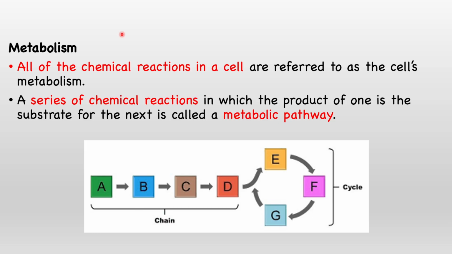It's a series of reactions. As we can see here, for example, A is a reactant, and B is a product. Now B will enter another reaction. So it's like a chain. This chain we call a metabolic pathway. And we will also end up with a cycle.